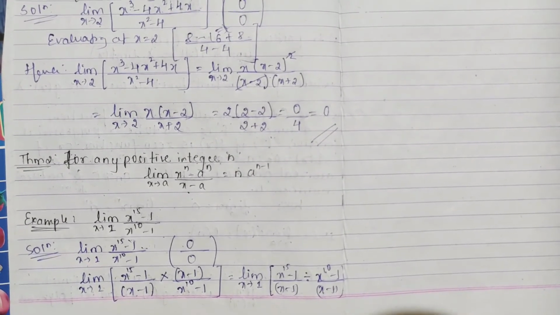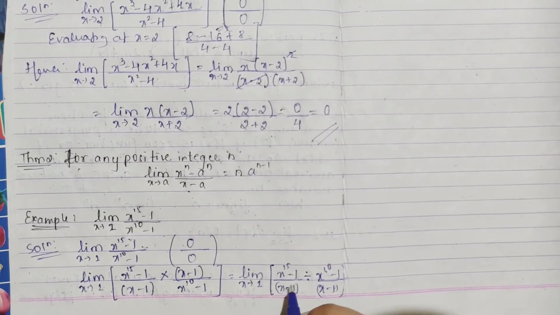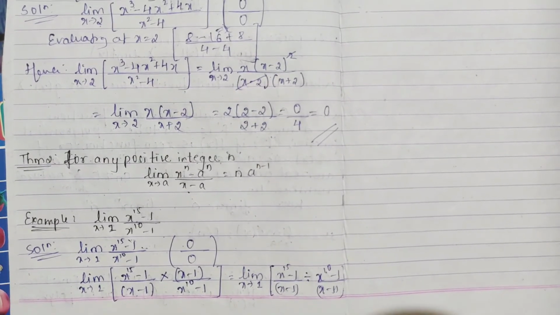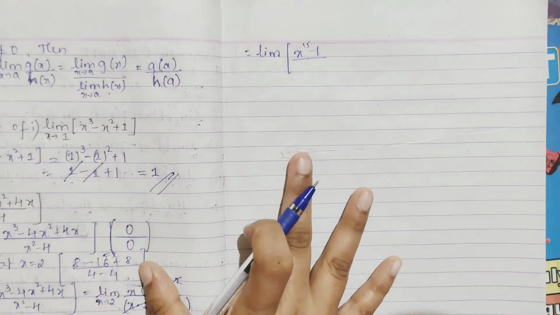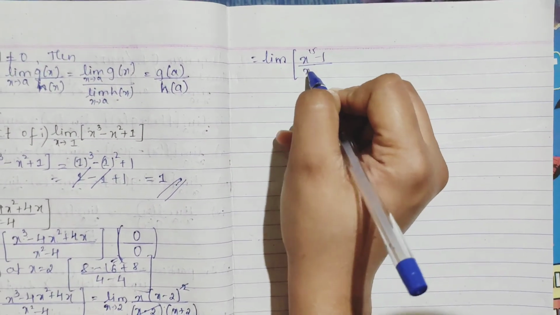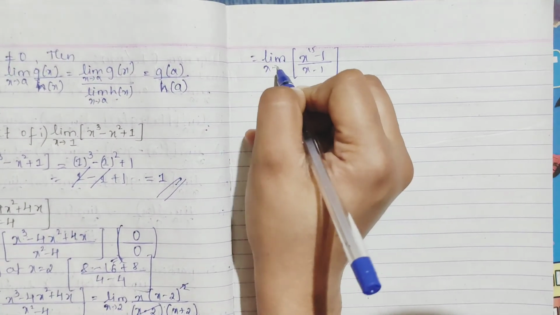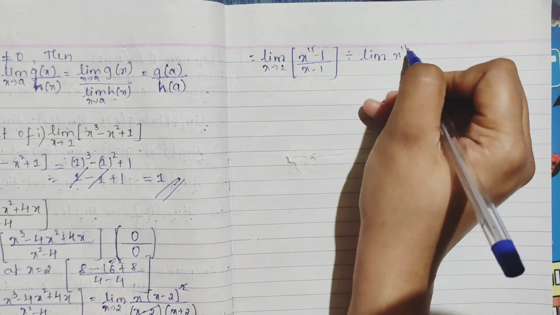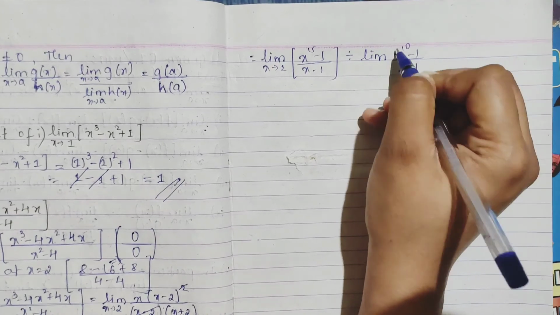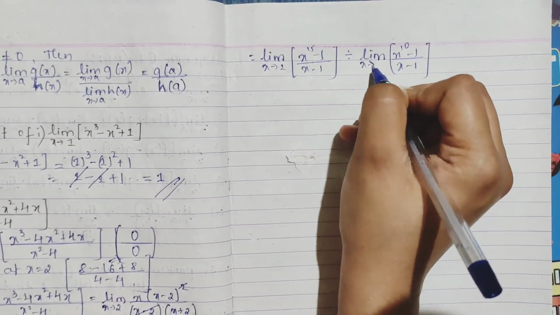See, now it is in division form, so applying the limit separately, you will get limit of (x raised to 15 minus 1) divided by (x minus 1) as x tends to 1, divided by limit of (x raised to 10 minus 1) divided by (x minus 1) as x tends to 1.